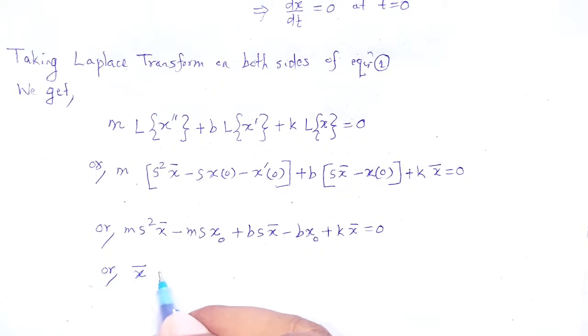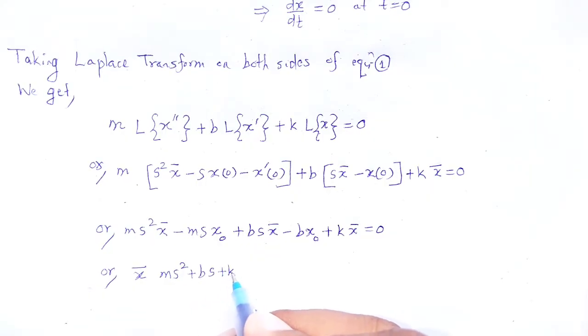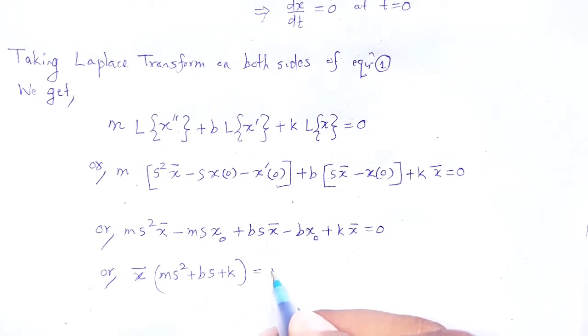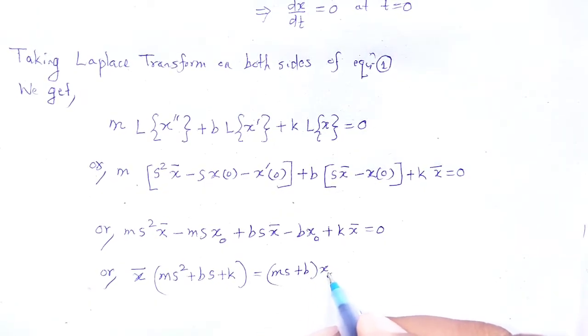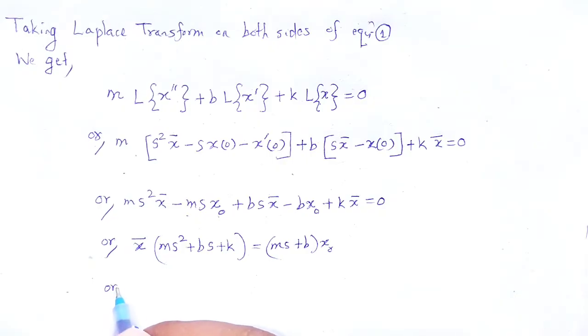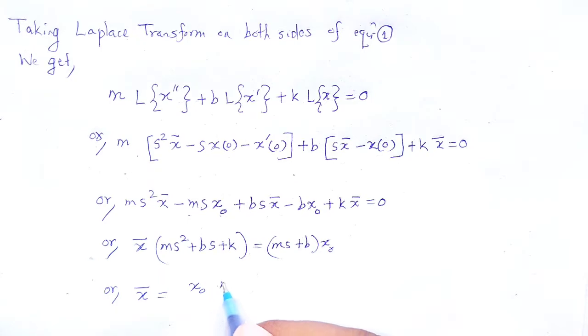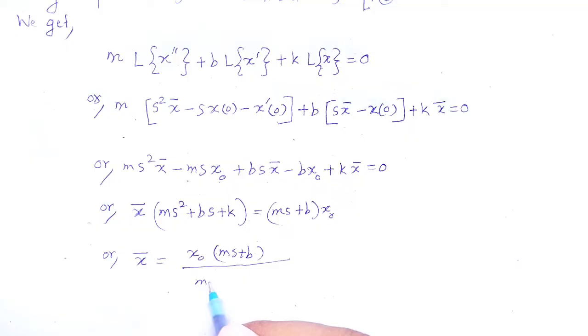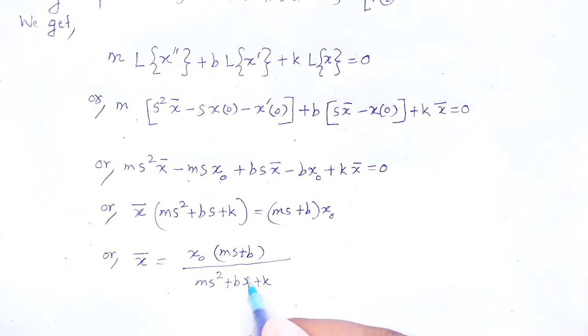Taking x bar as common, x bar times m s square plus b s plus k is equal to m s plus b into x naught. To that side we take the terms having x naught. Therefore, x bar is equal to x naught into ms plus b divided by ms square plus bs plus k.